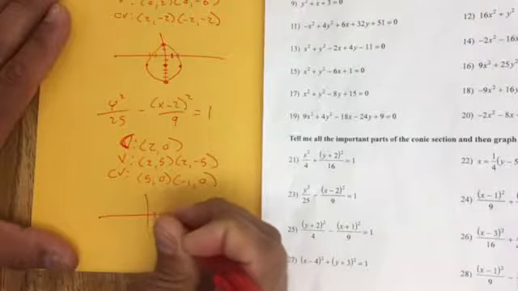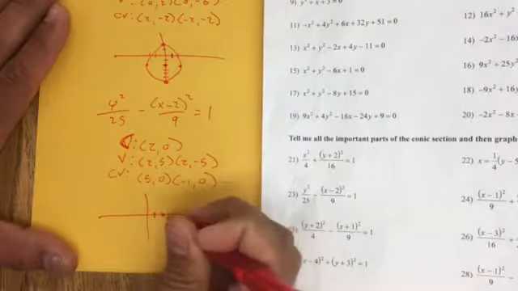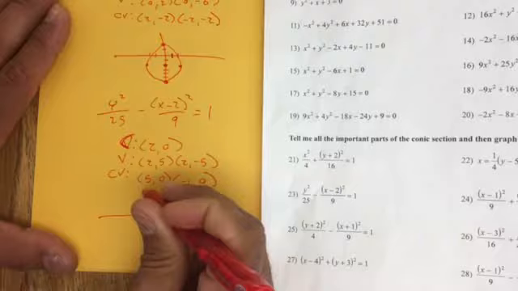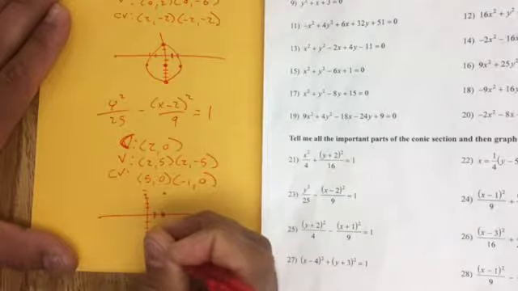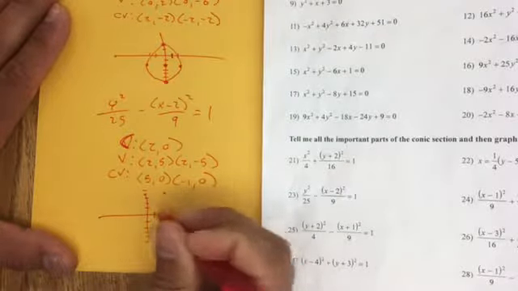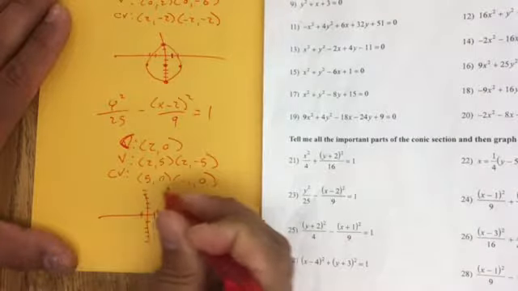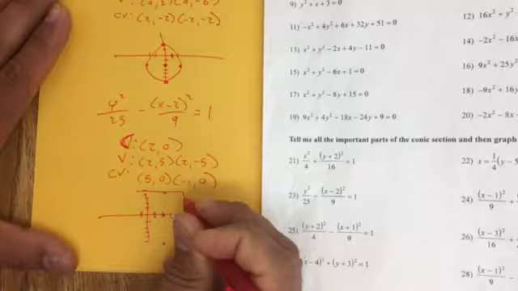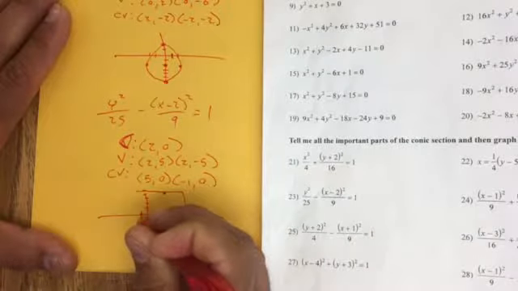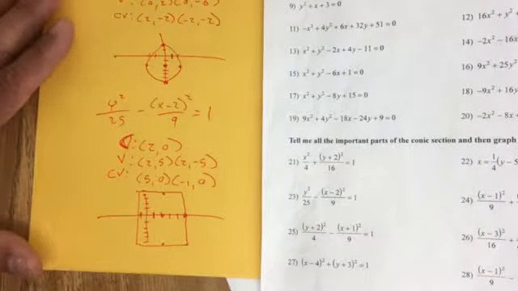Go to my center first. Make my vertices. Covertices. And then on a hyperbola, I want to make the box that connects my vertices and covertices.